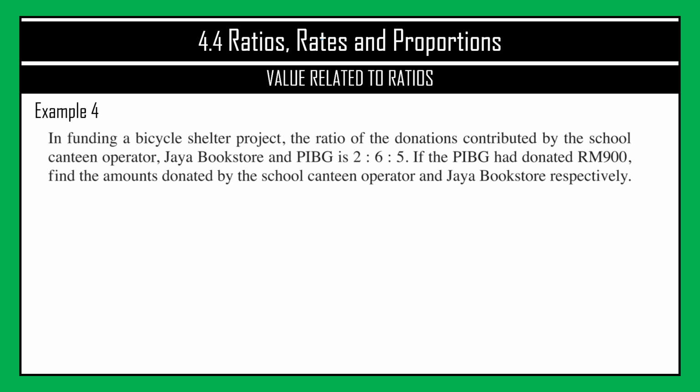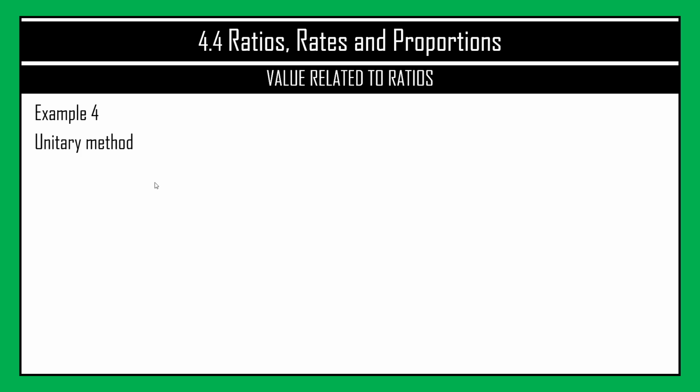From here I know that the canteen operator, I'm going to use C to represent, and Jaya Bookstore and the school PIBG, the ratio of donation is 2 to 6 to 5.